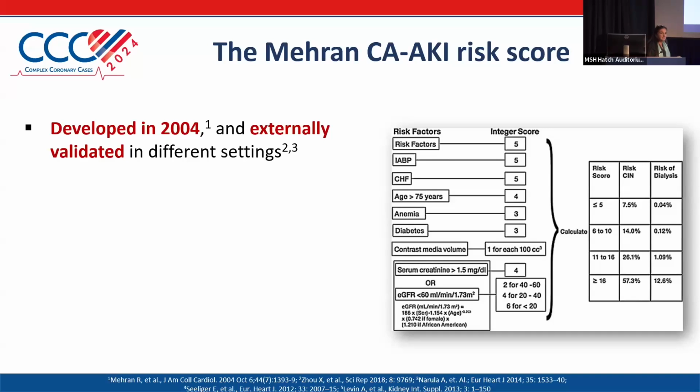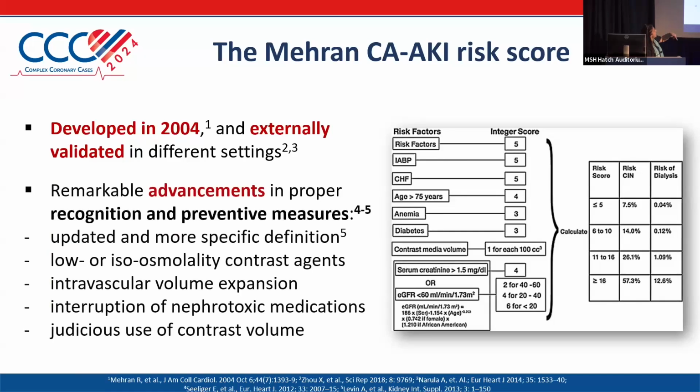It is now down to under 7% across the country. So understanding and evaluating that high-risk patient, knowing what you're dealing with, is incredibly important. And you see the risk factors that are listed here with integer scores that are given and you calculate. There is no question that there are a lot of advancements in proper recognition and, of course, these preventive measures.